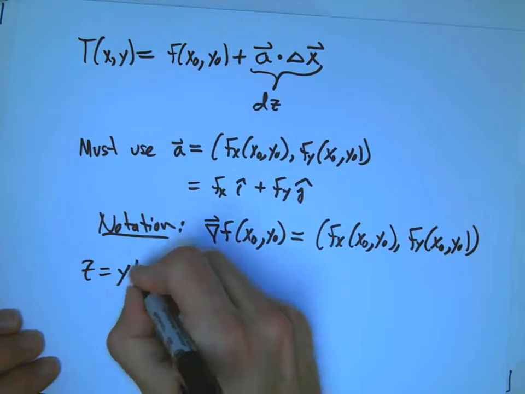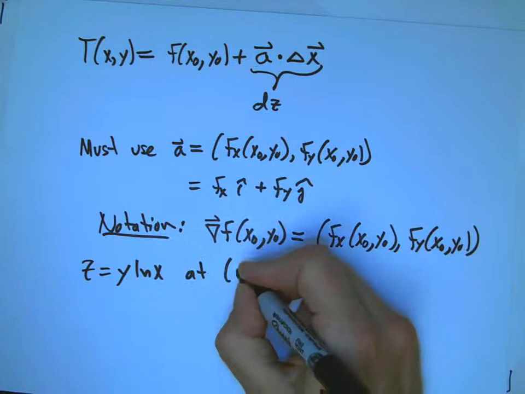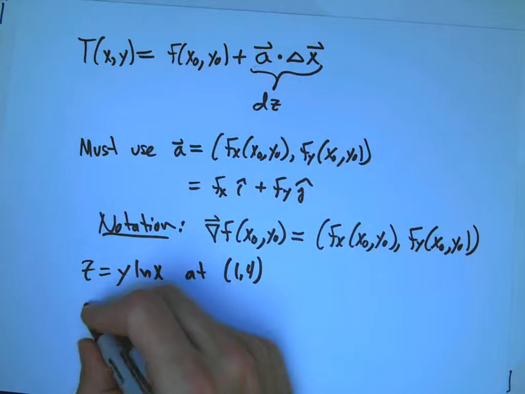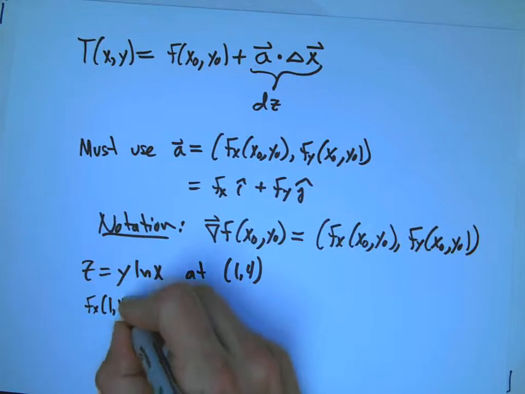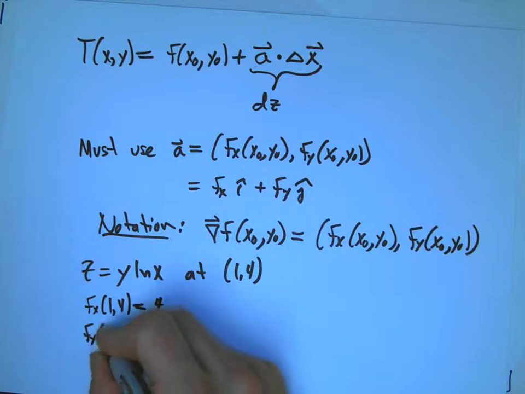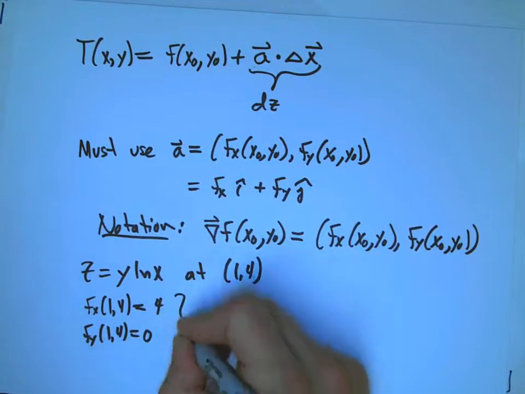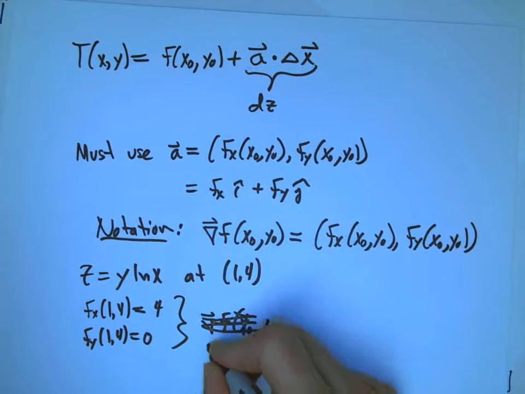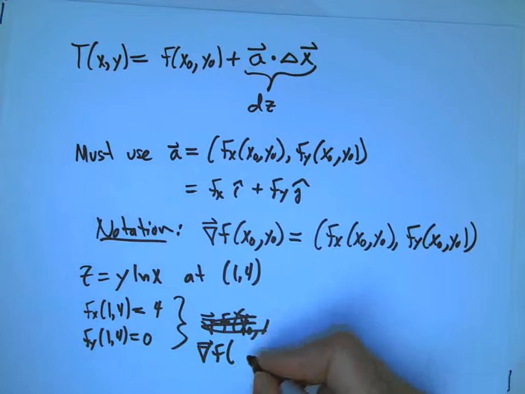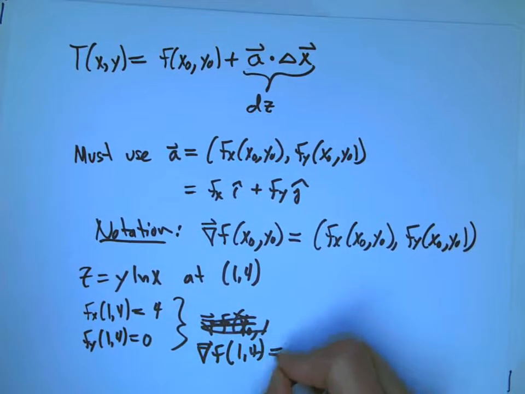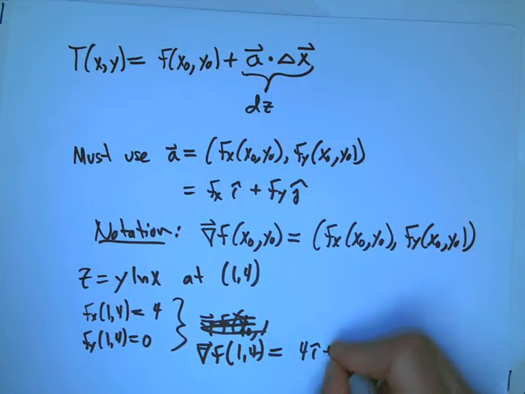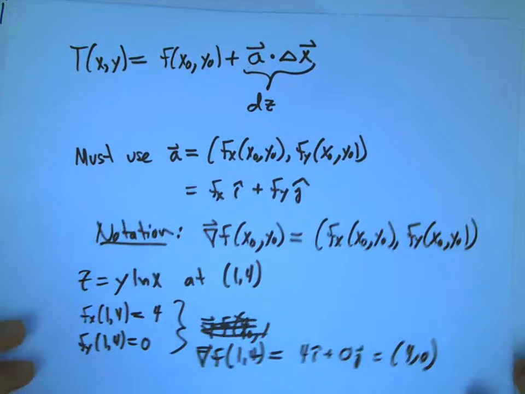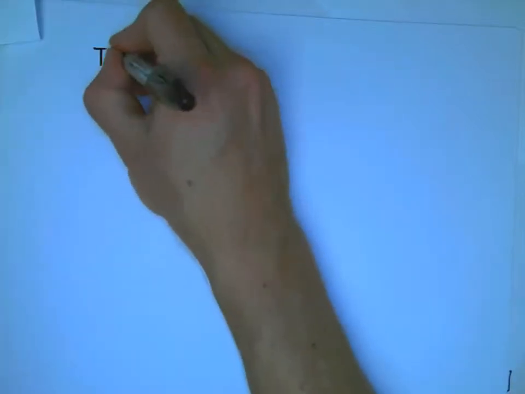So for example, remember our example? We kind of went away from our example here. It was z equals y ln x at 1, 4. We found that fx at 1, 4 was 4, and fy at 1, 4 was 0. A very cool way to summarize that is that the gradient vector at that point is just exactly 4i plus 0j, or 4, 0.